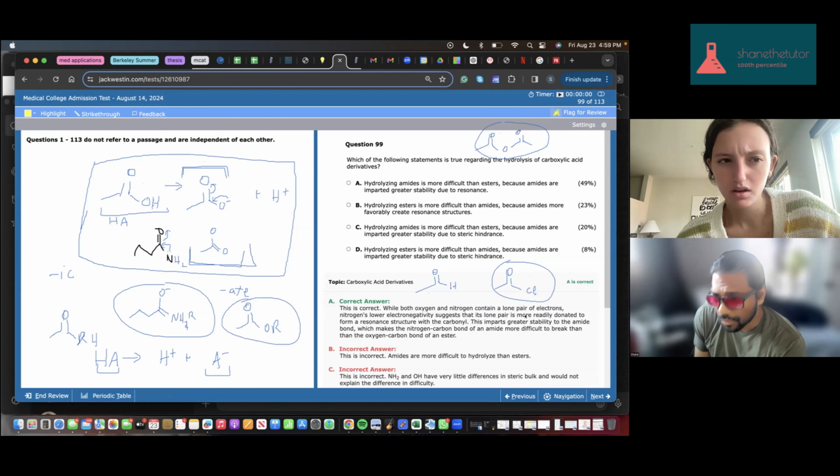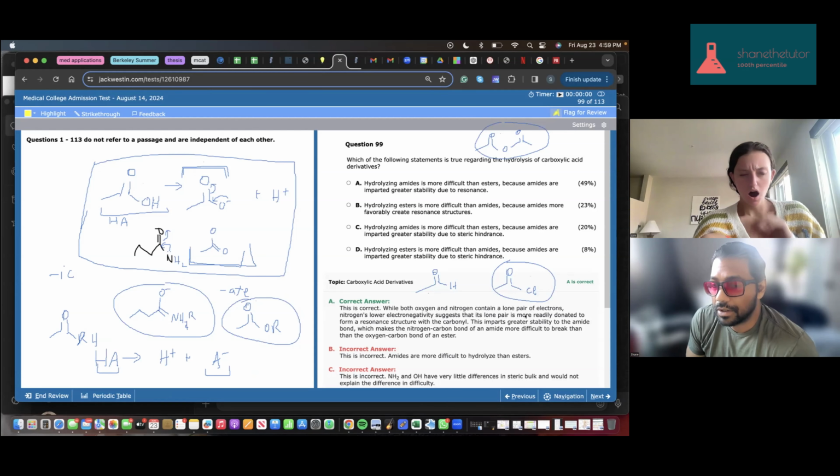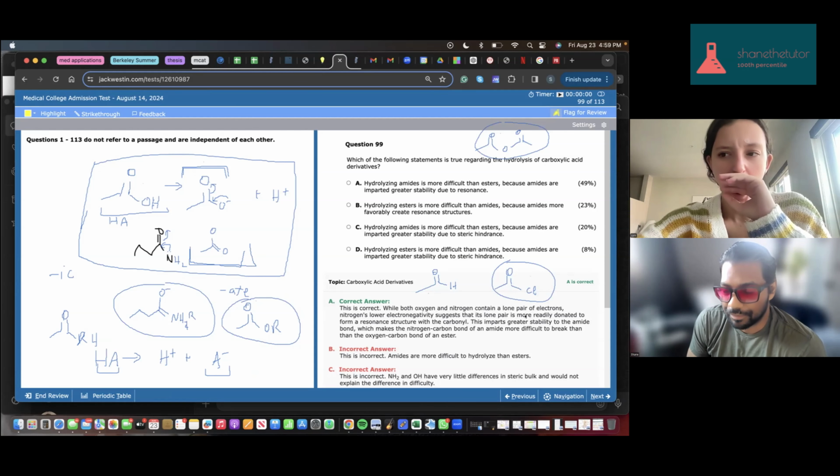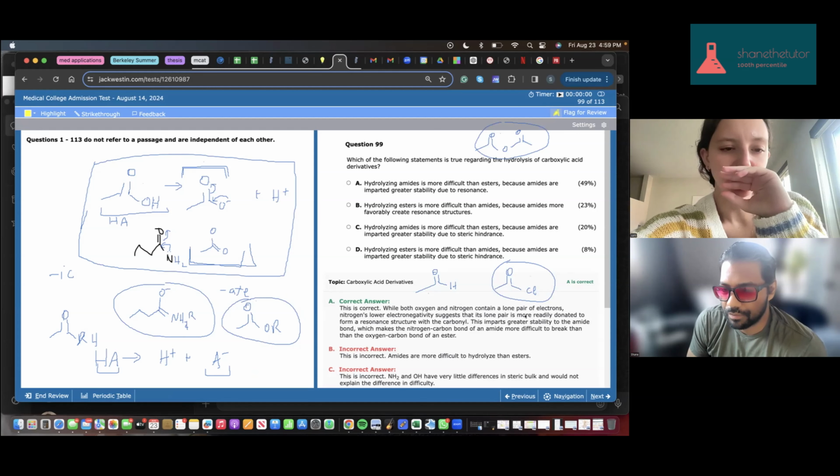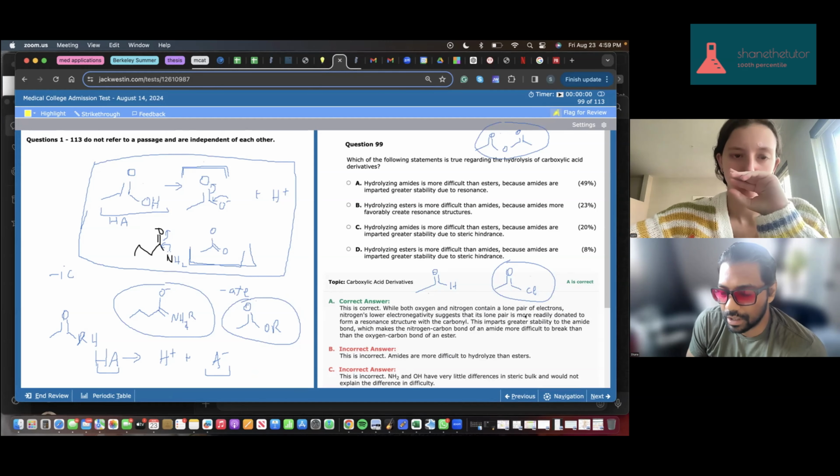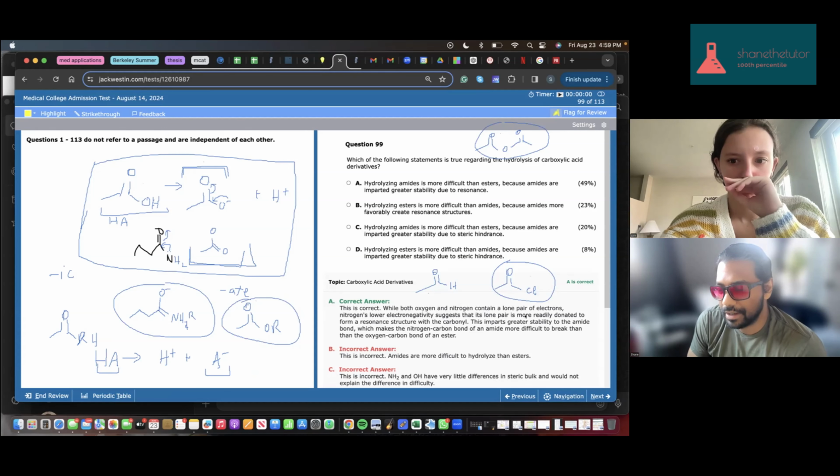The chlorine part is electronegative, so it pulls electrons towards itself, right? Which would mean that oxygen would have a partial positive. Where is the chlorine attached to? The carbon.